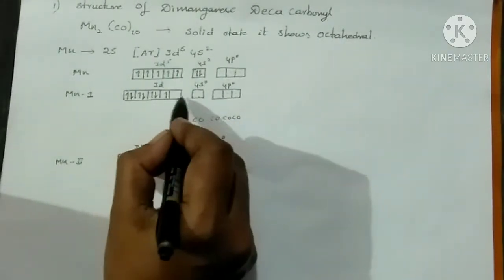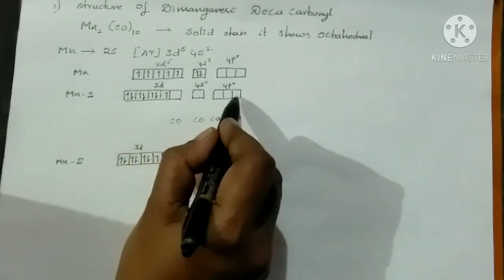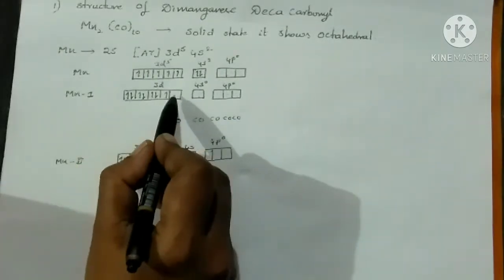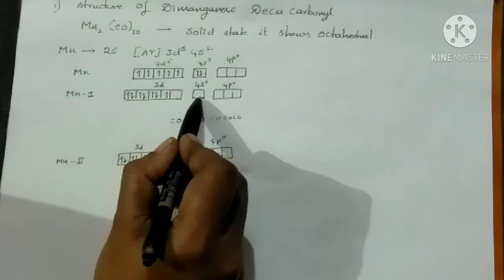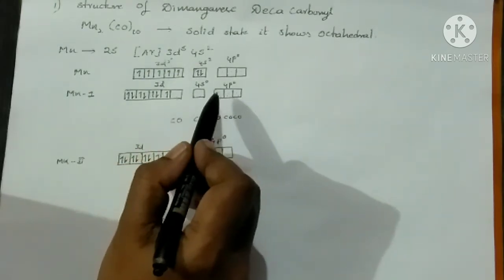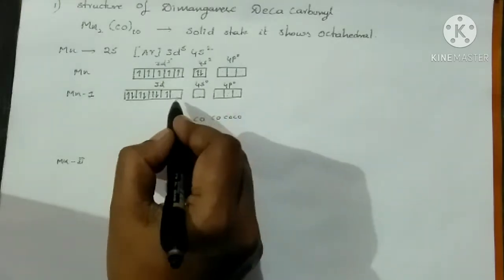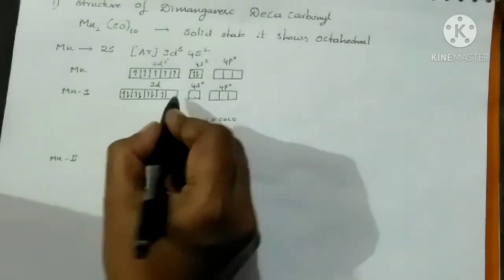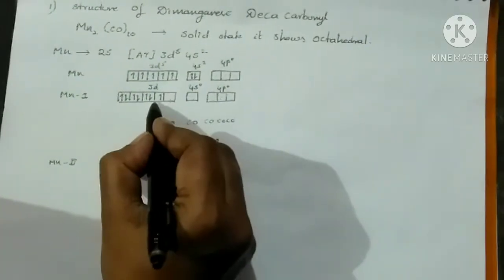Here we have totally 5 empty orbitals, that means one 3d, one 4s and three 4p orbitals. These vacant orbitals merge together and give rise to d2sp3 hybrid orbitals.